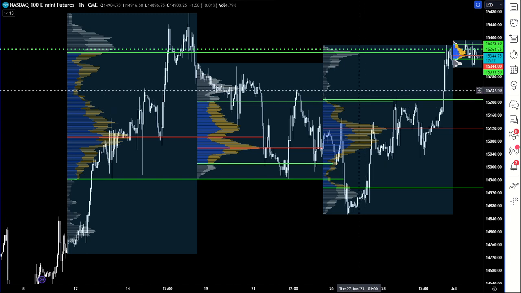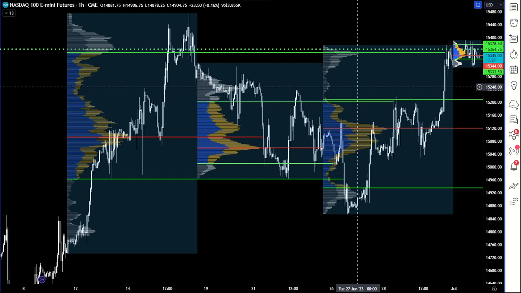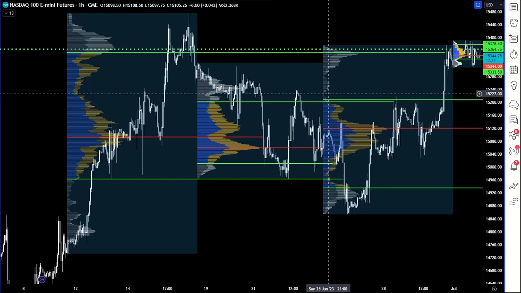In terms of intraday trading levels, I am essentially looking for shelves, low volume nodes where price has rejected or bounced off of several times. So when I'm creating a zone, I'm looking for rejections or bounces.